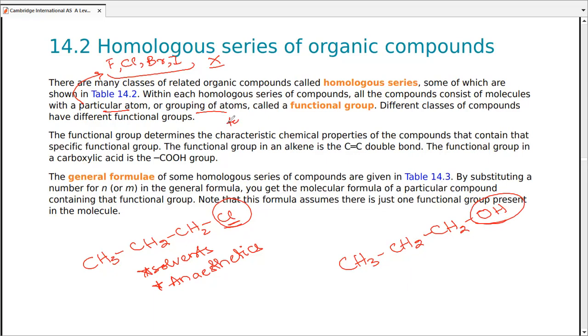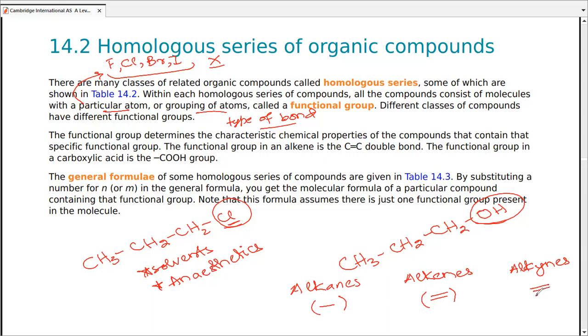But I'm going to also add type of bond to this list. If I simply talk about the difference of hydrocarbons, alkanes, alkenes and alkynes, we are not introducing a third atom in there. The sole difference between these three functional groups is that in alkanes all carbon atoms are singly bonded, there should be at least one double bond for alkenes, and at least one triple bond for alkynes.